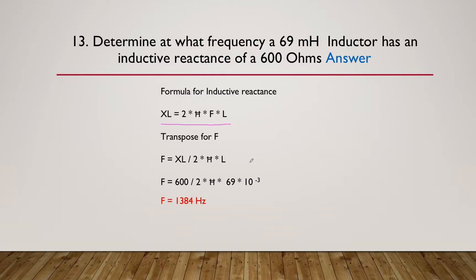We transpose for F and we get XL divided by 2 pi L. And we put the numbers into the formula and we should end up with a frequency of 1,384. And yes, just again a reminder to make sure that you actually put parentheses around here to make sure those multiplications happen before you do the division.